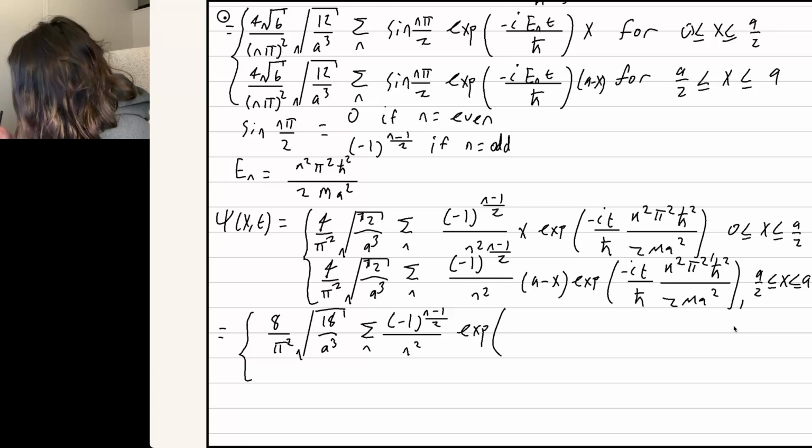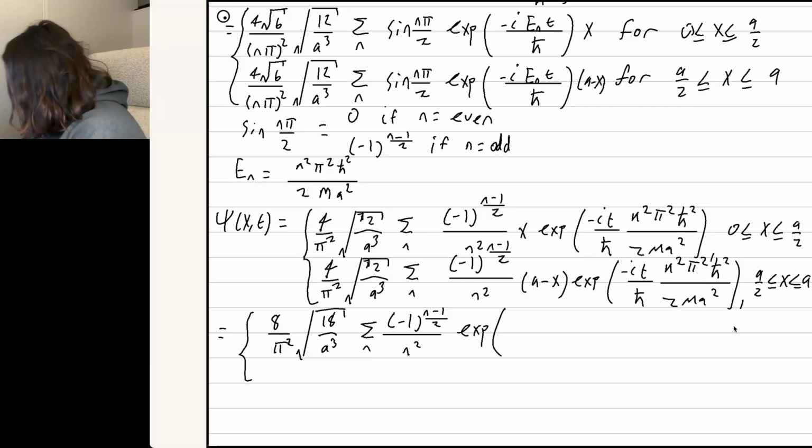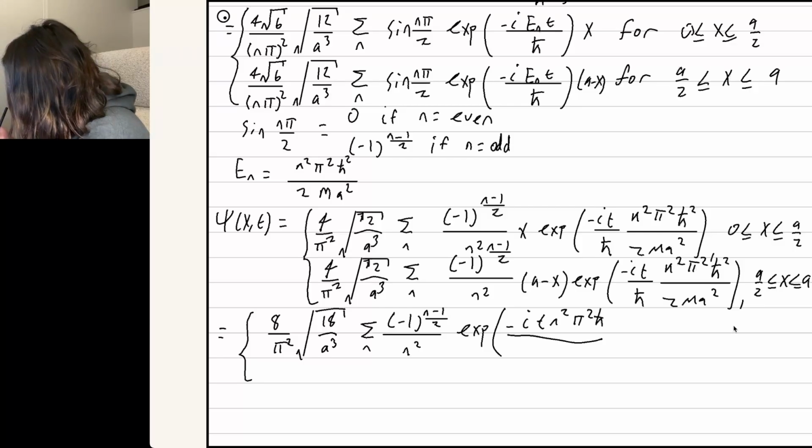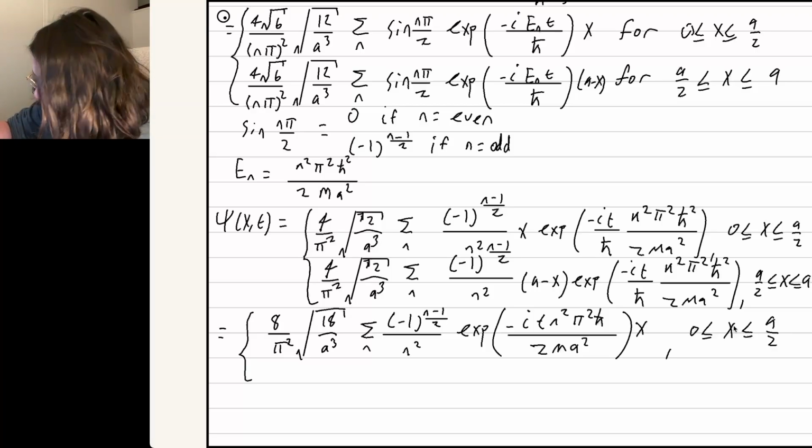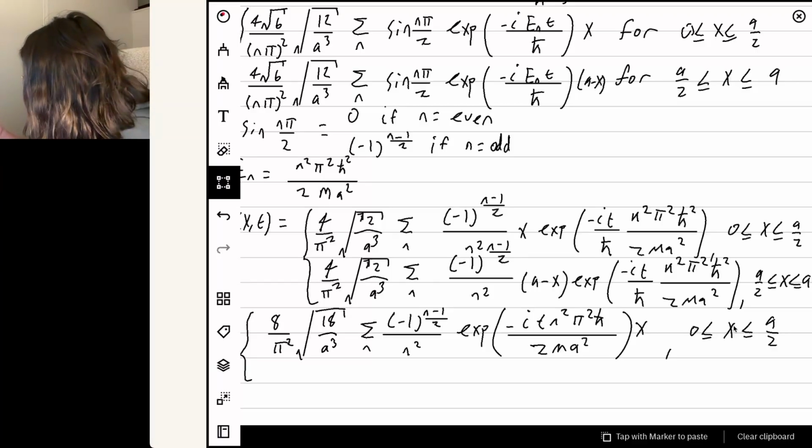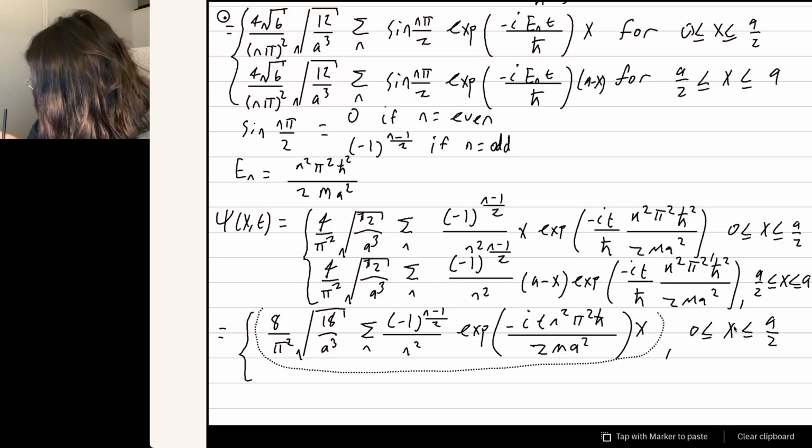Let's simplify the exponent. So one of the h bars will be canceled out, and that's pretty much all the simplification we can get. So pi squared h bar over 2ma squared, multiplied by x. That's from 0 to a over 2. And I think that's about as simple as it gets.